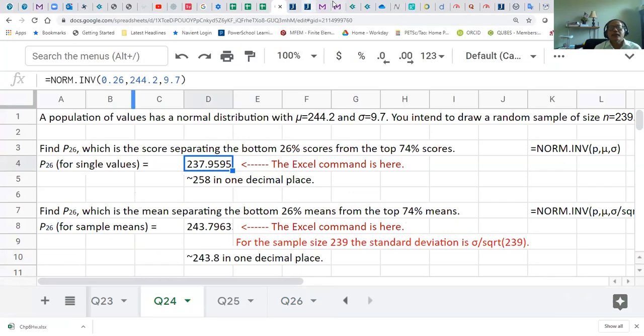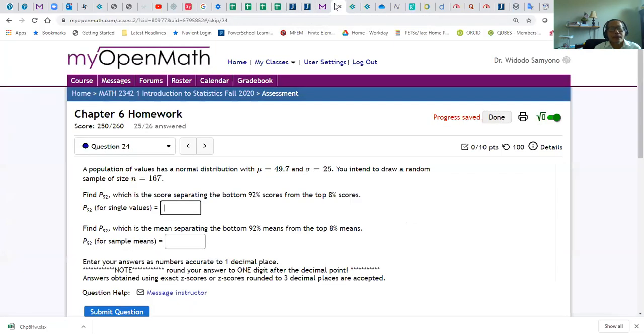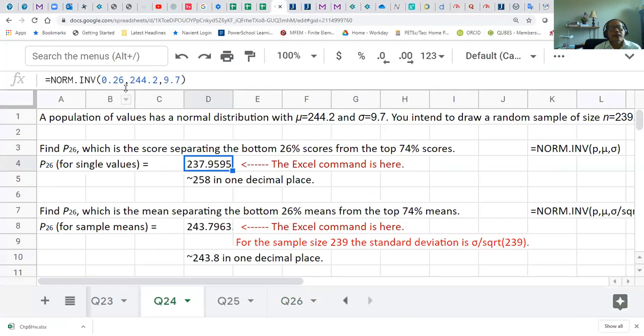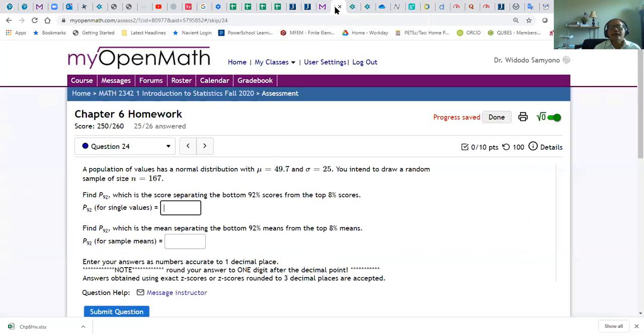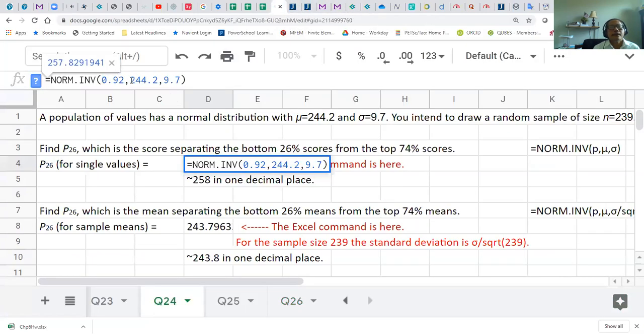For this problem, 92, so 0.92. And what is the mean? 49.7.